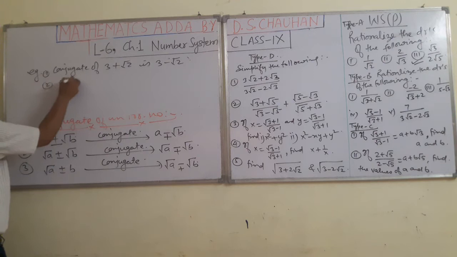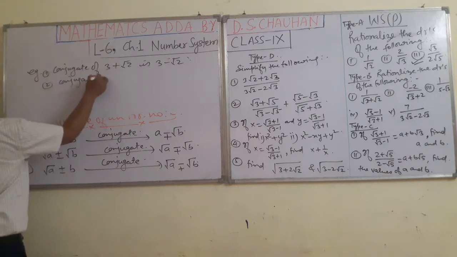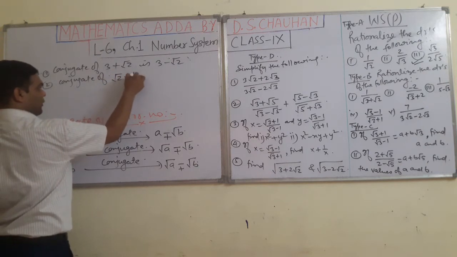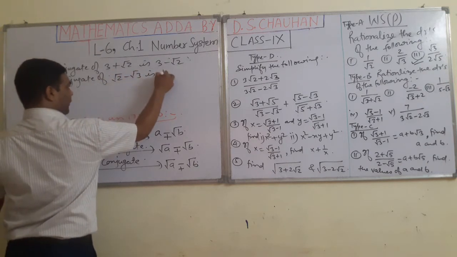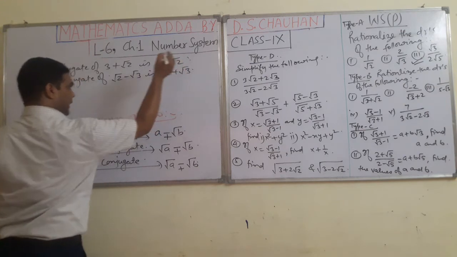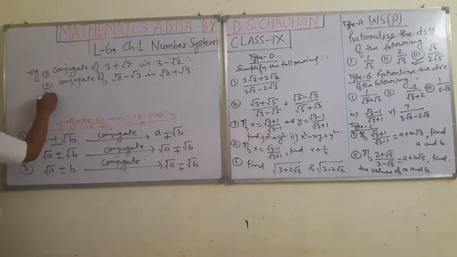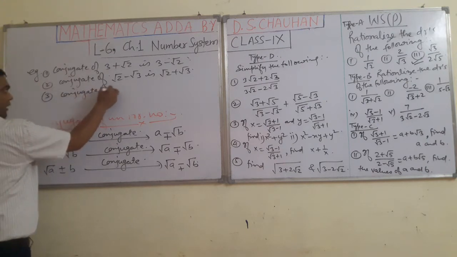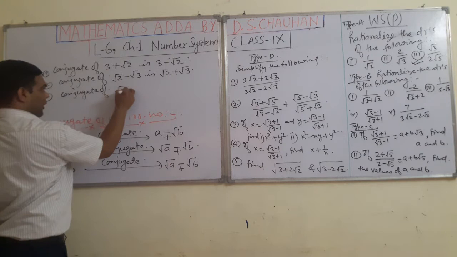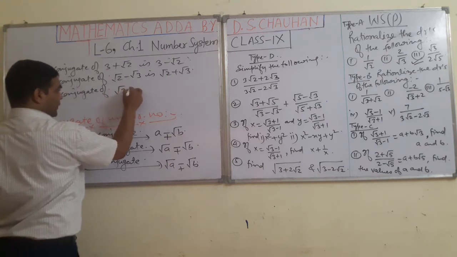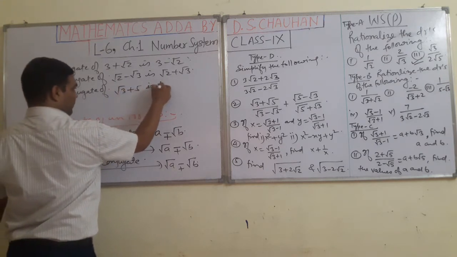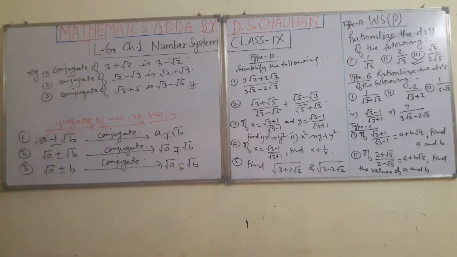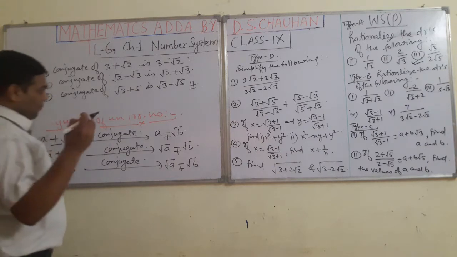Second, the conjugate of root 2 minus root 3 will be root 2 plus root 3, and so on. You may take another example: the conjugate of under root 3 plus under root 5 will be under root 3 minus under root 5. In this way, I hope students, all of you have got the meaning of conjugate.